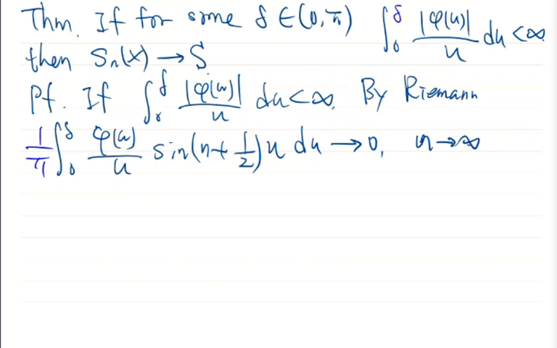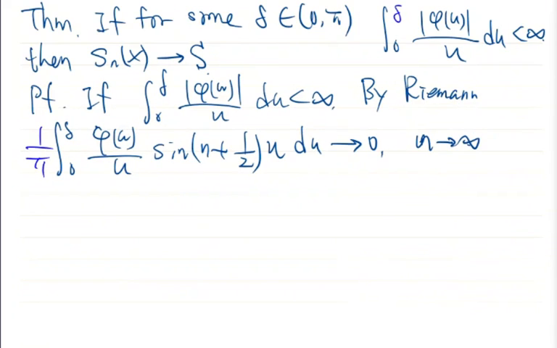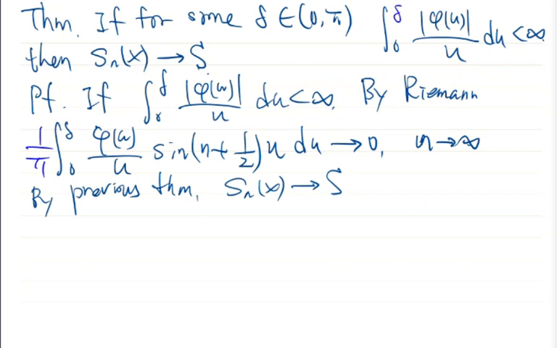Then, our previous theorem says that if this integral goes to 0, then s_n(x) goes to s. So according to the previous theorem, we know that s_n(x) goes to s, proving this Dini theorem.